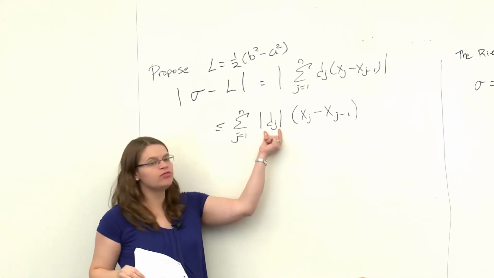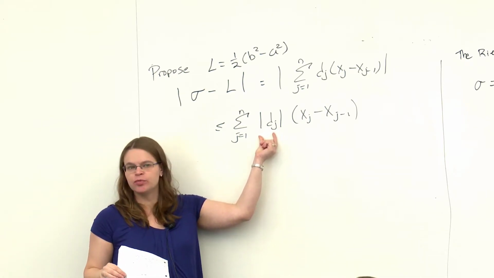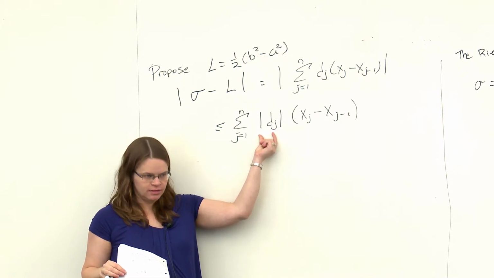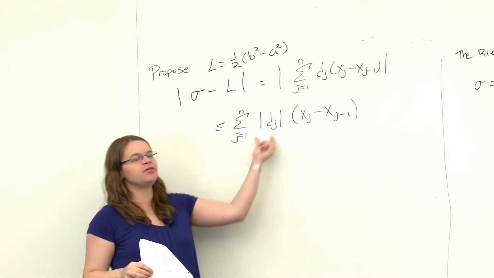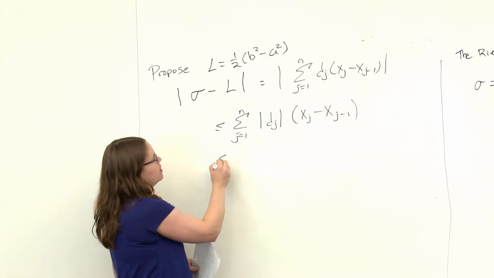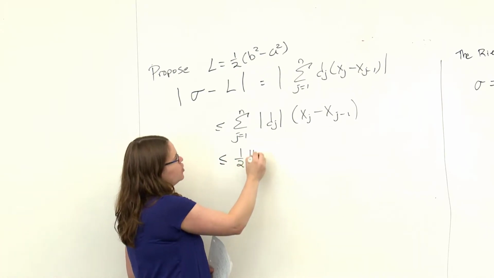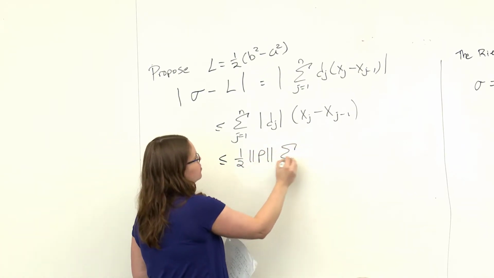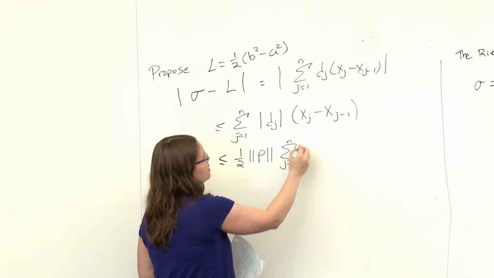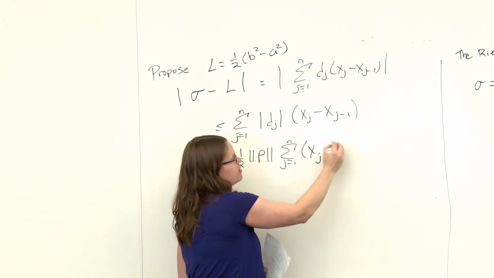And the good news is we know something about this. We found bounds on this term before. It's less than or equal to half the partition size, exactly. So this is less than half the norm of P times the sum j equals 1 to n of xj minus xj minus 1.